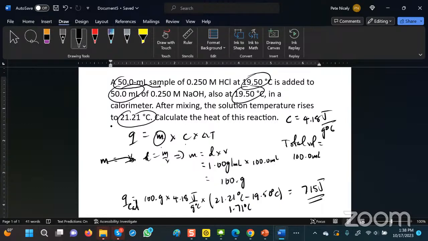Now, because the temperature of the calorimeter increased, we can therefore say that q of the reaction will be equal to minus q of the calorimeter, which will be equal to minus 715 joules. So this is the final answer right here, minus 715 joules. All right. So that's the heat that is produced in this reaction given these conditions.